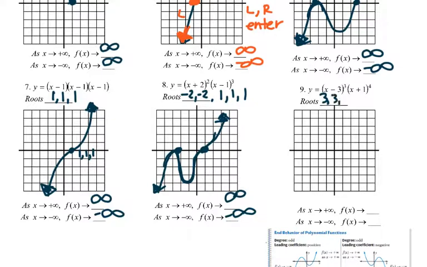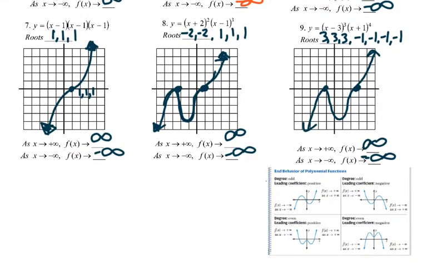Last one has a triple root at 3, quadruple root at -1. You might be catching on to the pattern here. This is going to be a bounce, and the triple root is going to be a through. So if you go back and look, which roots bounced, which roots go through? Have you figured it out? Which roots bounce, which roots go through?